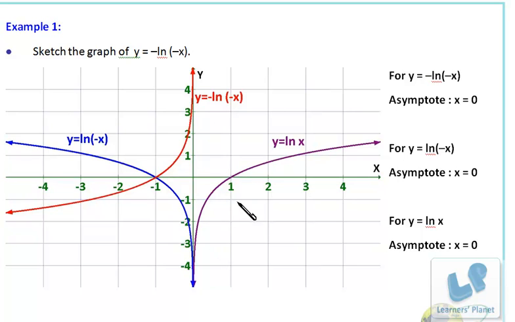And if you wish to get minus of log x, then you just have to turn this graph along this axis, right? Then you will get the graph of minus of log x. So I hope you are getting how f(x) is converted to f of minus x, minus f(x), and minus f of minus x. If you are clear about the basics, you can draw any graph, whatever transformations are asked, you will be able to do that, okay?